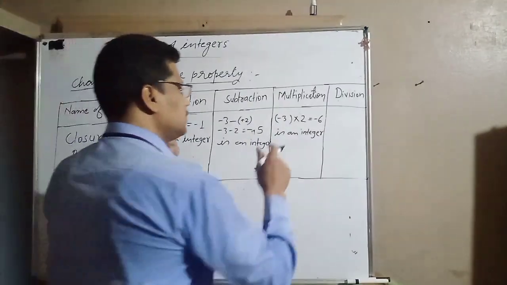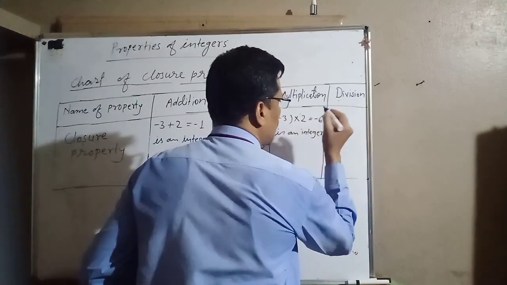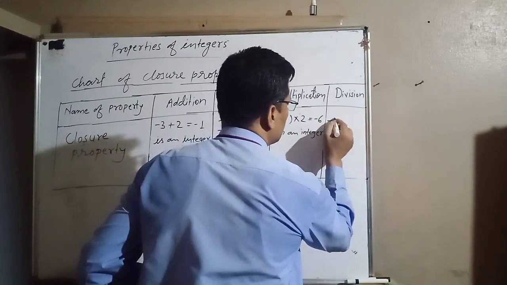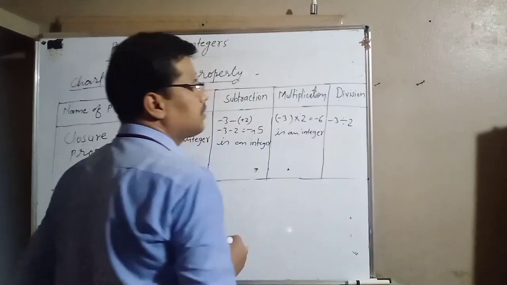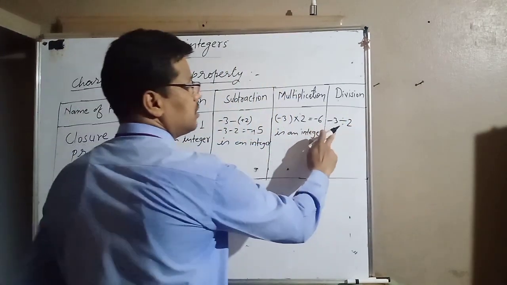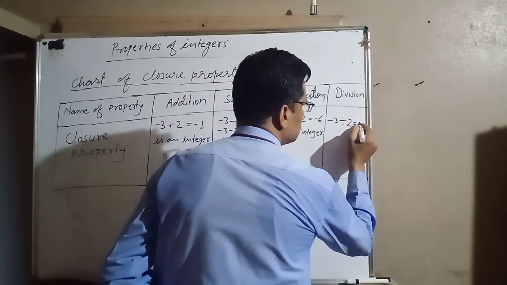Now let's see division. Again we are taking the same numbers. You can also take any other numbers, but I am taking the same ones. Minus 3 divided by 2, so what do you get here?